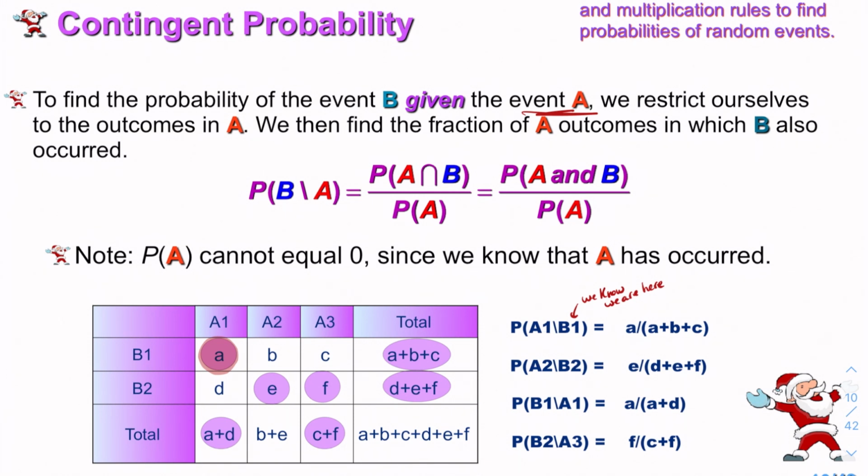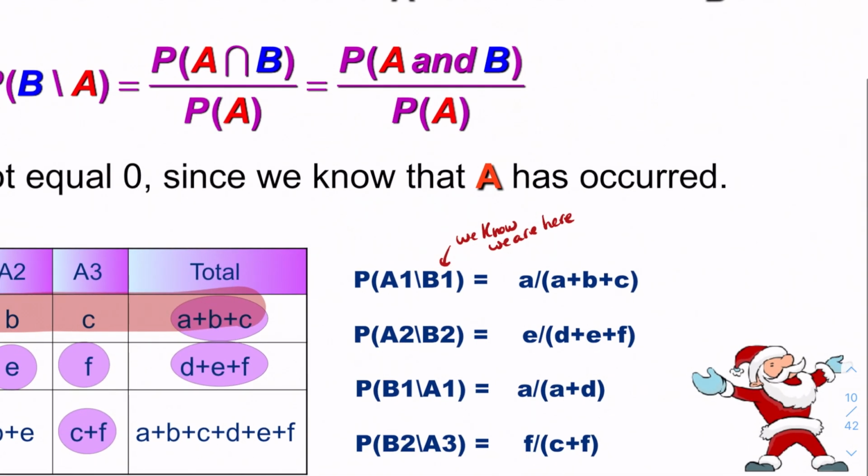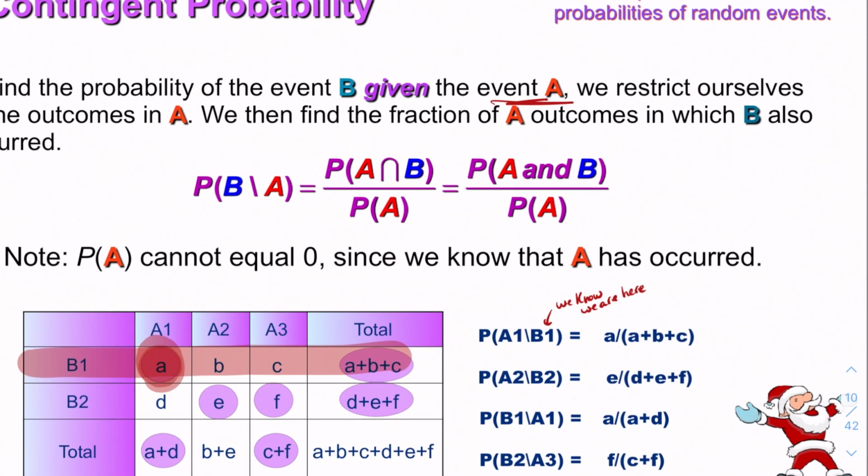So that second part tells you the column that we are in. And I want to know where is the overlap. So the probability that A1 happens given that B1 occurred is A divided by A plus B plus C. That's that conditional distribution across the row.